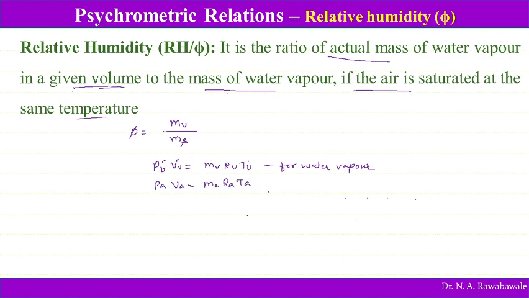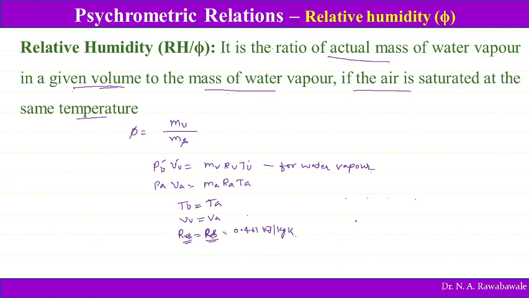So now what we have seen is temperature TV is equal to TA, then VV is equal to VA, and we say that RA is equal to RS, sorry, RV is equal to RS. So what is RV? The gas constant for vapor, and the gas constant for saturated air is also the same, that is 0.461 kilojoules per kg Kelvin.